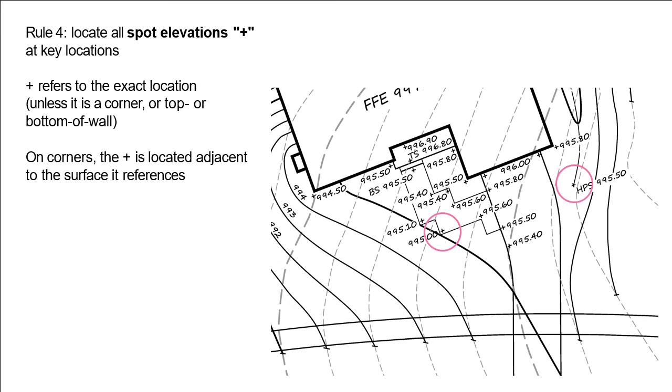This is still going to be true for the corners of buildings, but that is going to show on the outside on the ground. So we want to make sure that our spot elevation is on the surface that we want to represent, except when we're talking about a building or a wall, when it appears on the ground adjacent to the building or the wall.